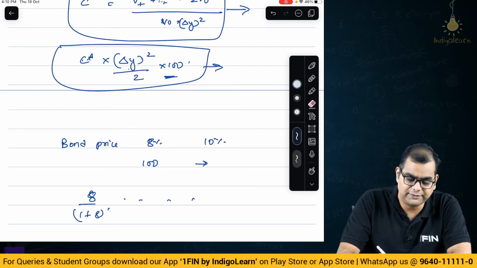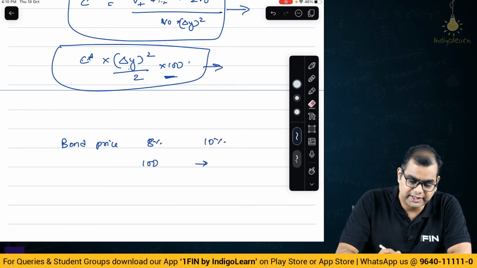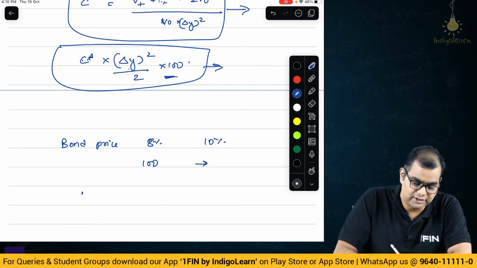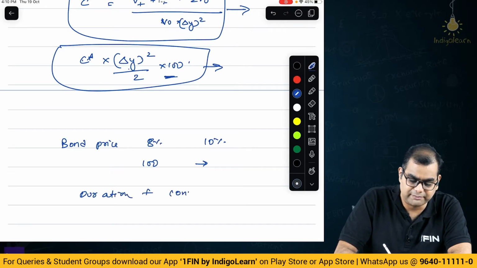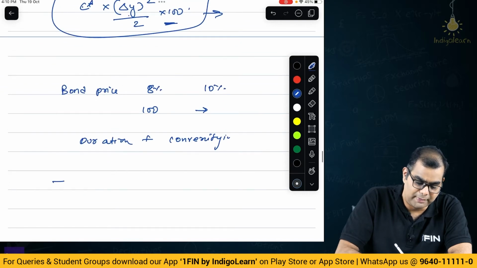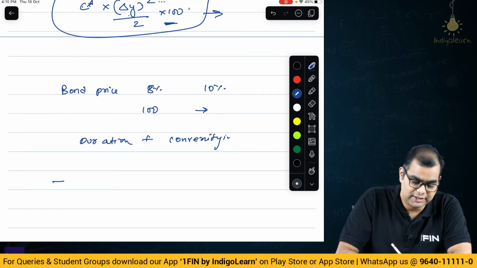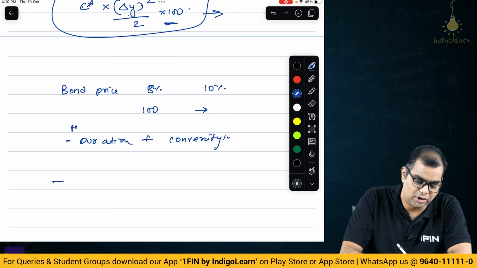Instead of doing all of that, you can take duration impact plus convexity impact. Duration here refers to modified duration.